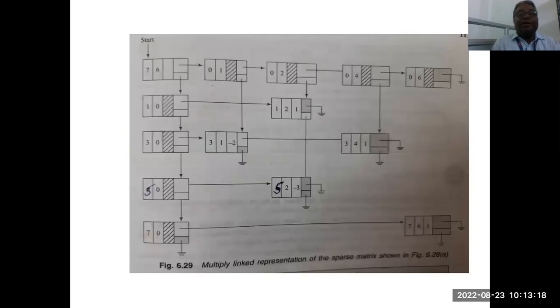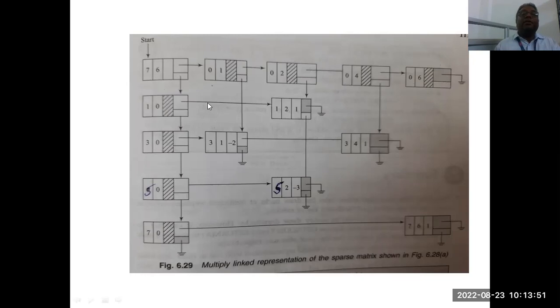This is the linked representation of the sparse matrix. The first node is the starting node, and it consists of 7 and 6. This starting node represents the total number of rows in the matrix, 7, and the total number of columns, 6. This is the column header, and this is the row header.